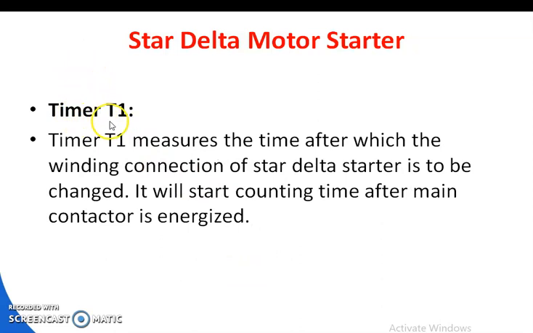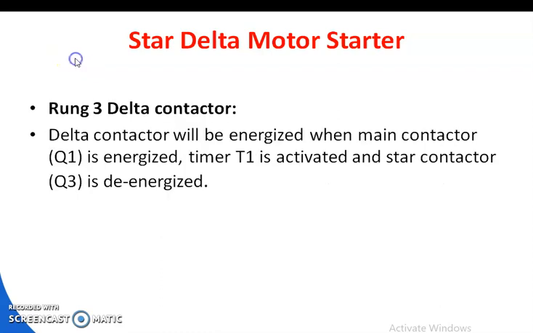Now the function of timer T1: it measures the time after which the winding connection of the star delta starter is to be changed. It starts counting time after the main contactor is energized.